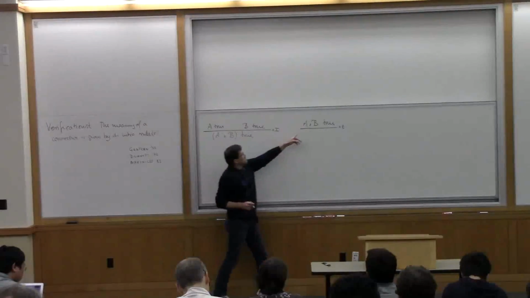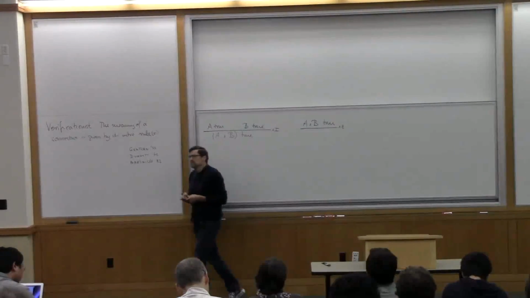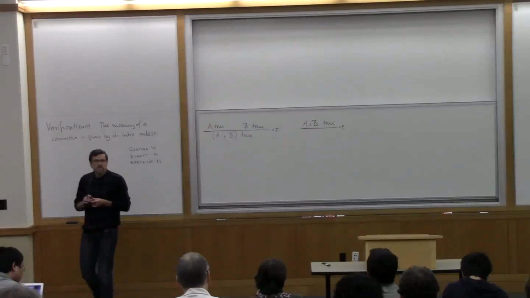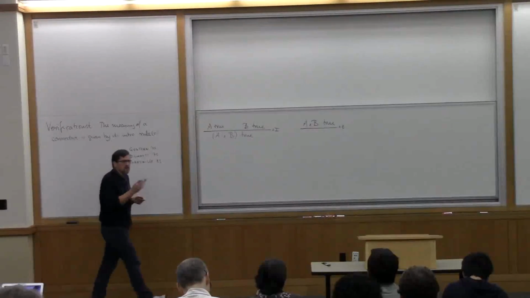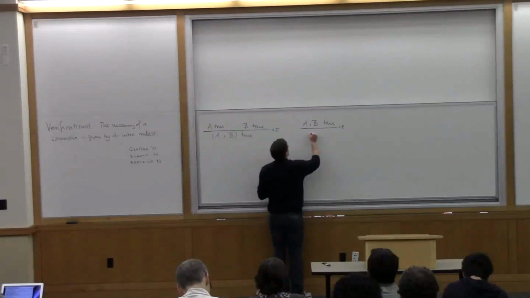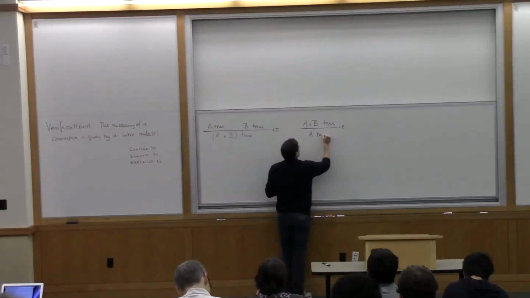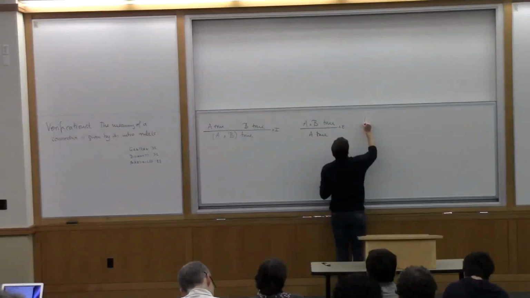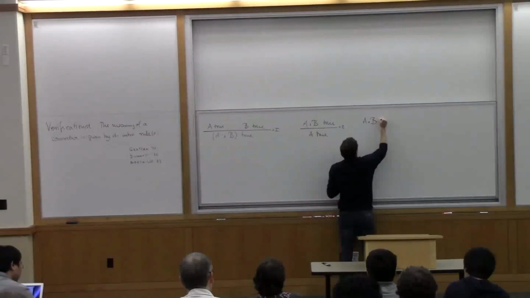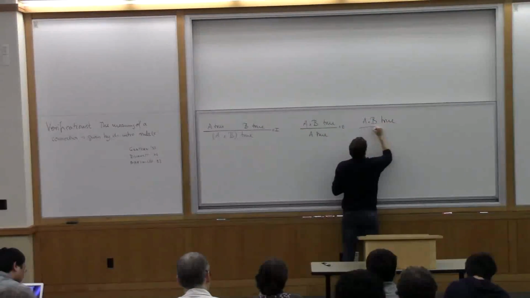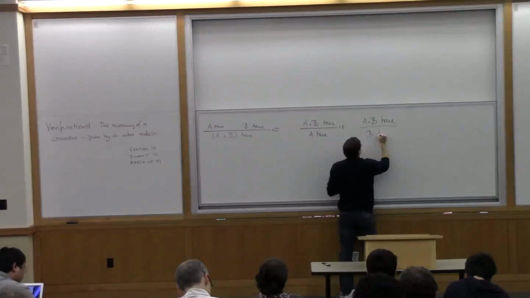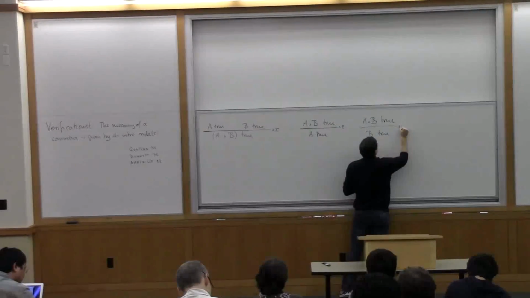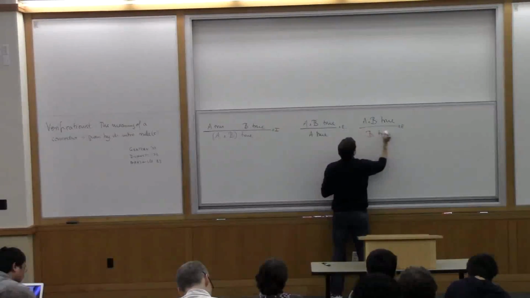Okay. So what do we know if A and B is true? What can we deduce from that? A is true. What else can we deduce from that? B is true.